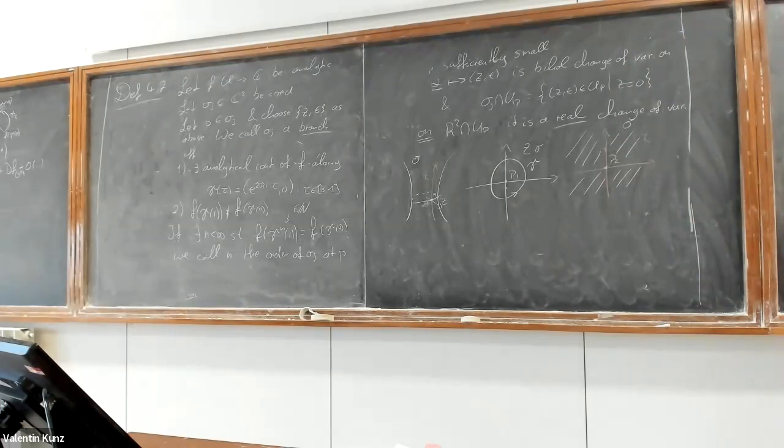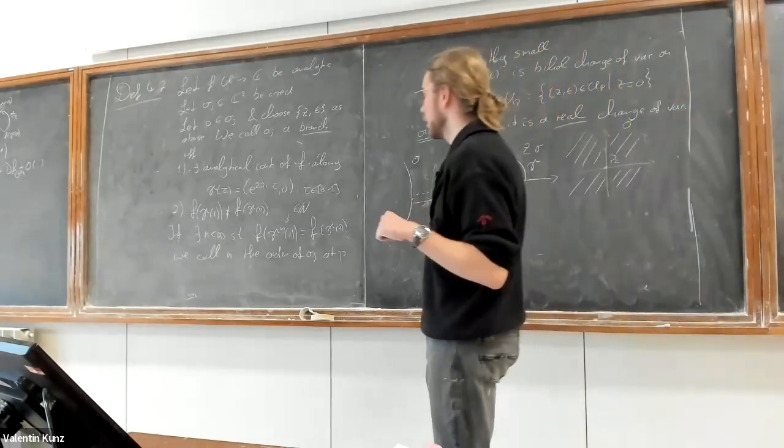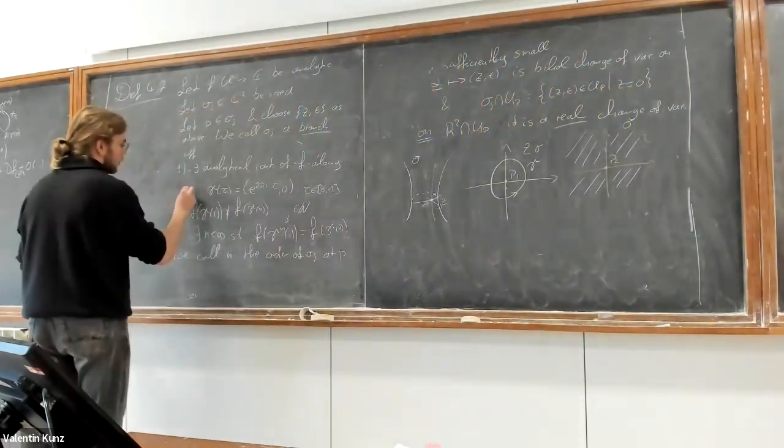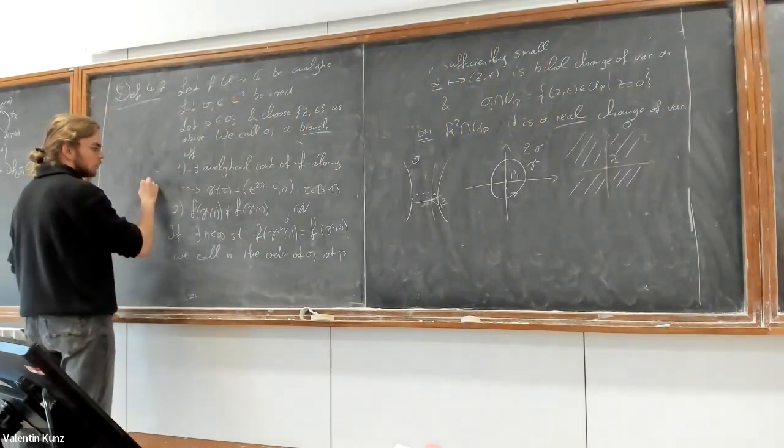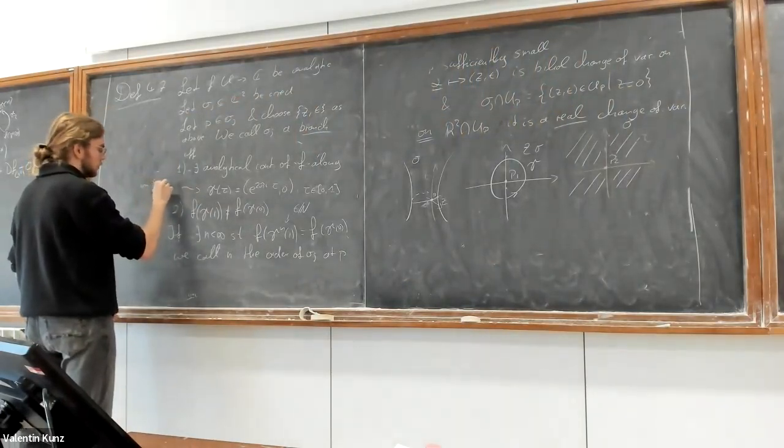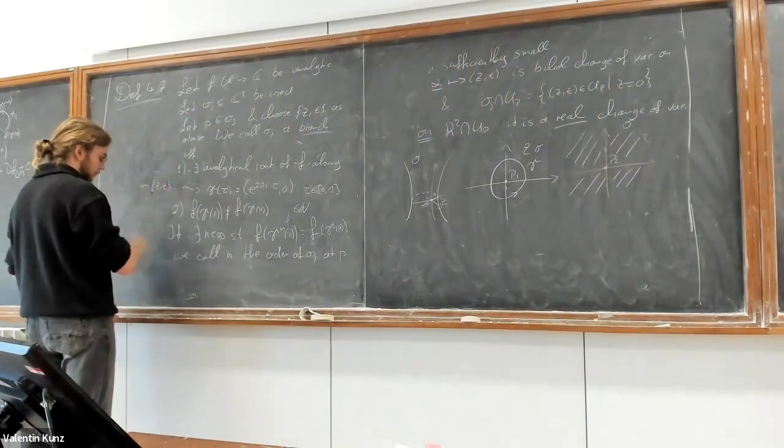So how is this curve gamma, this circle, related to the set sigma? It seems to be part of sigma, right? In this local coordinates, is gamma contained in sigma, or after the change of variables?